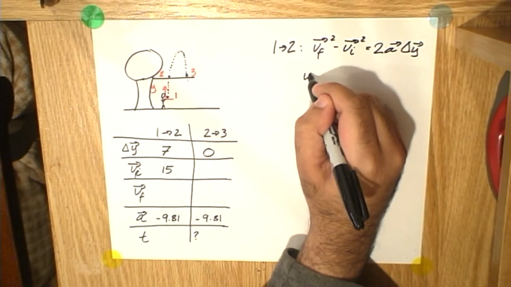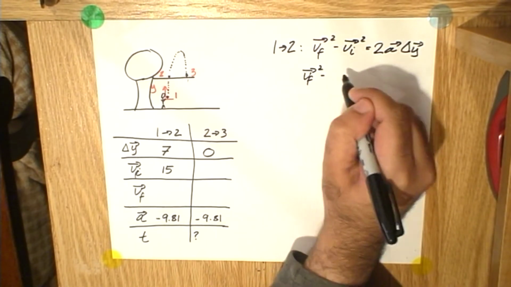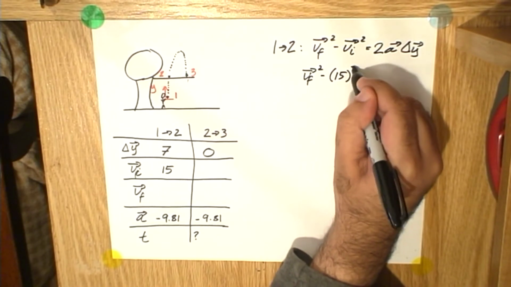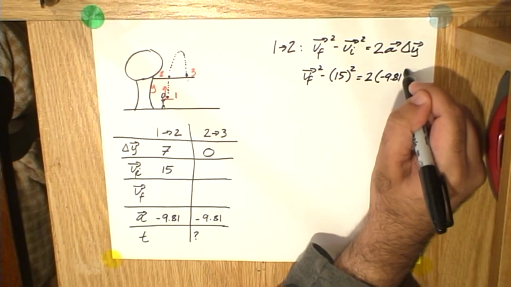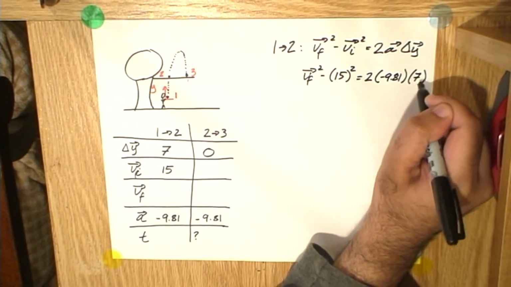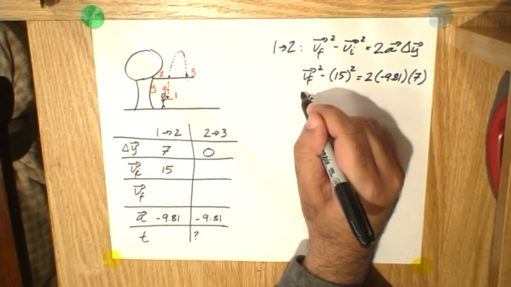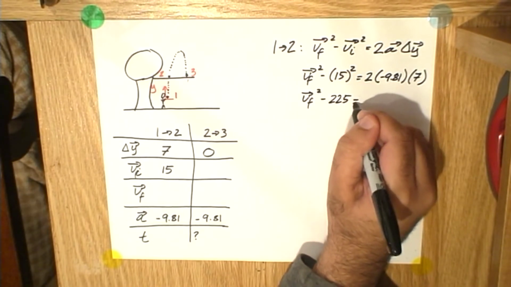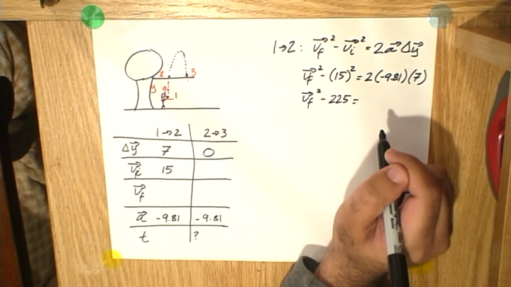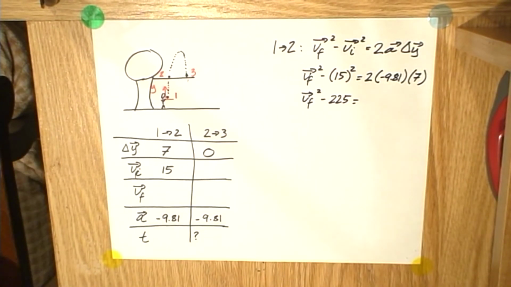So v final squared is unknown, but v initial was 15, and that's going to be equal to 2 times negative 9.81 times delta y, which is 7. Now, v final squared, 15 squared is 225, is going to be equal to 2 times negative 9.81 times 7.